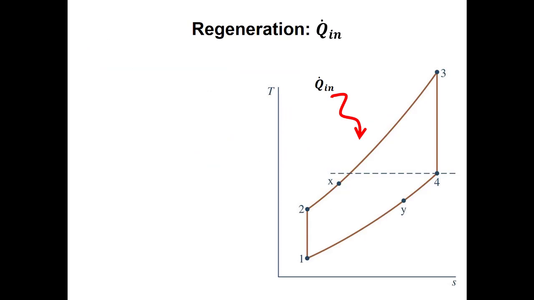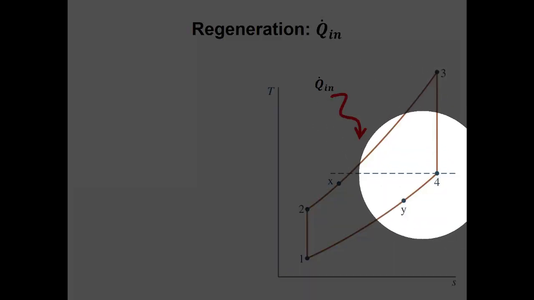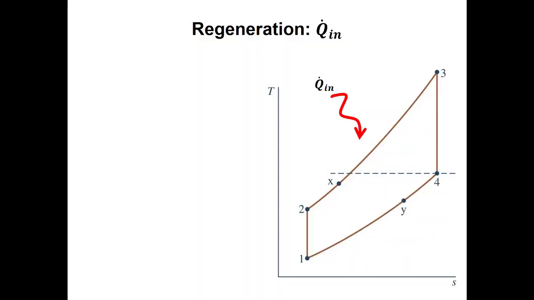So what does this look like if we draw it on a TS diagram, right? So here, with regeneration, the maximum temperature that we could ever regenerate up to is the temperature coming out at 4. That's our exhaust gas. That's like the temperature in your oven, right? I may or may not have done this when I was an undergraduate.